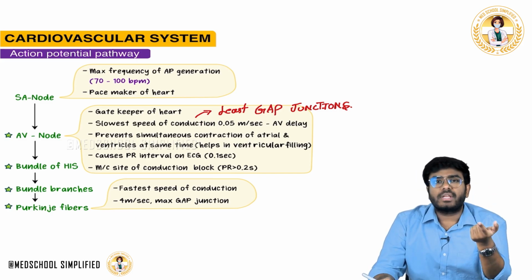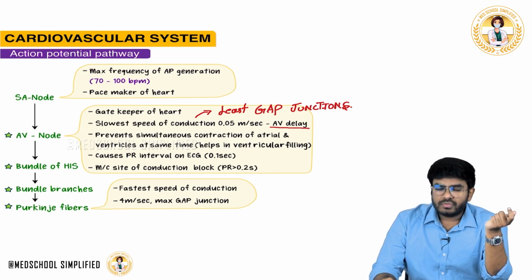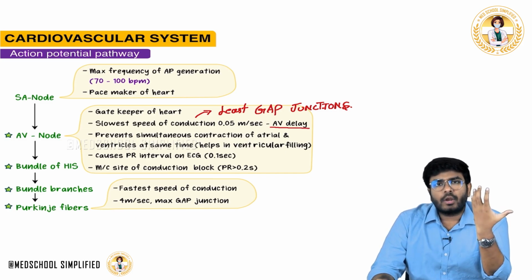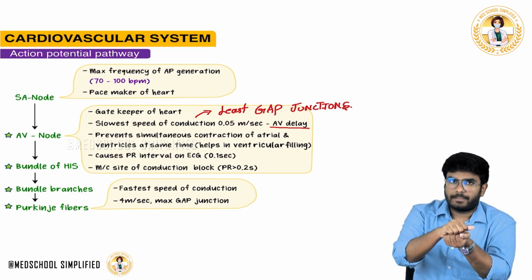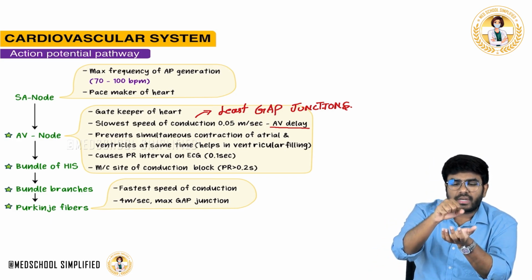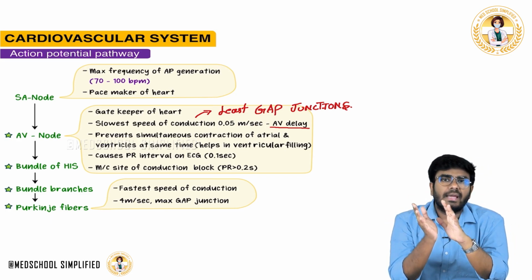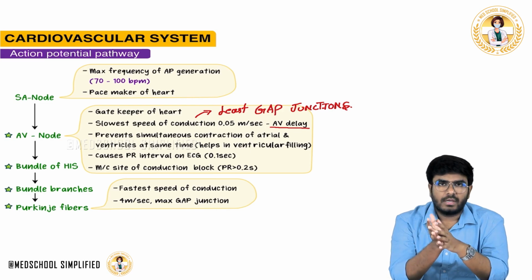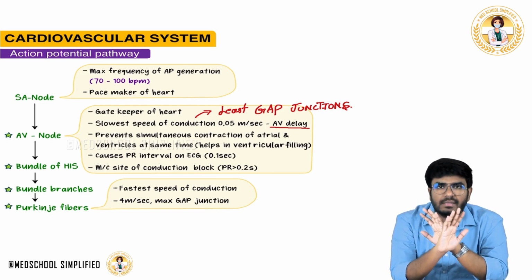Now, what is the importance of this AV delay? Usually if you ask a normal first year student, he will think that the heart is contracting at the same time, that atrial contraction and ventricular contraction are happening together. Usually a first year guy who doesn't have good knowledge of the cardiac cycle says something like that. See, your heart is not contracting like that.